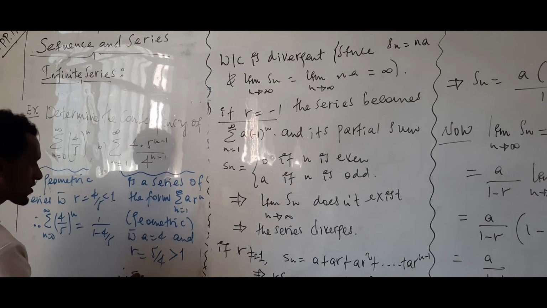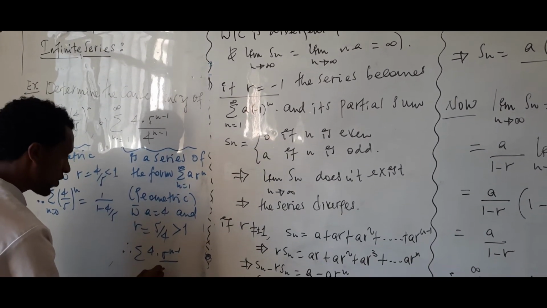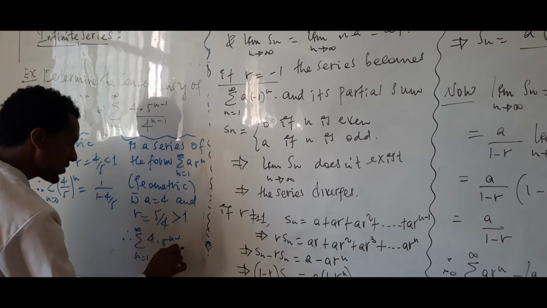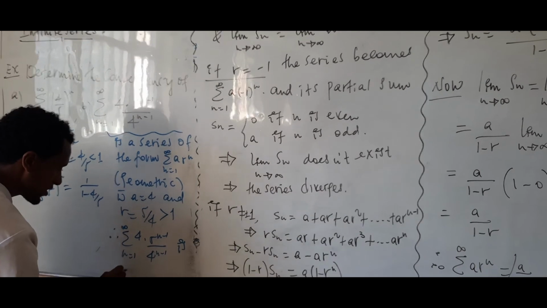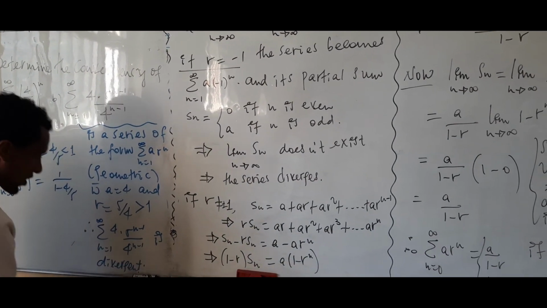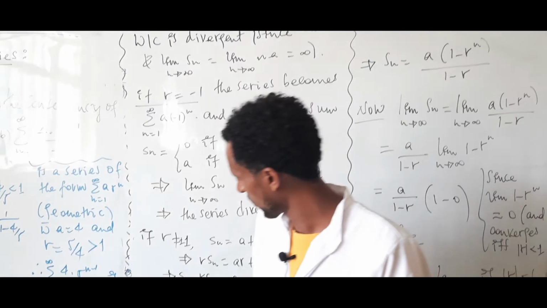Therefore this series, 4 times 5 to the power of n minus 1 over 4 to the power of n minus 1, when n from 1 to infinity, is a divergent series.